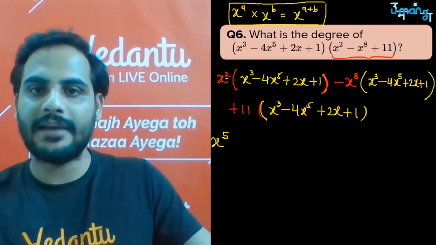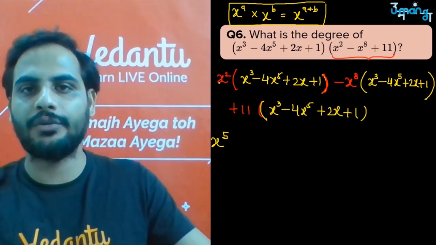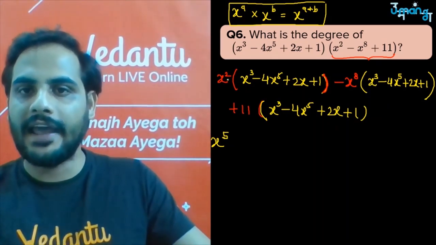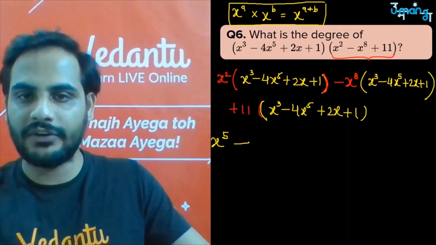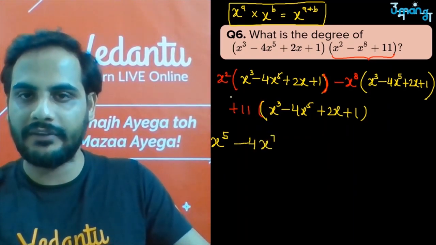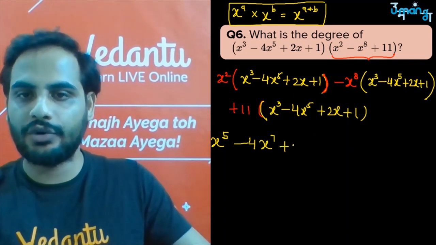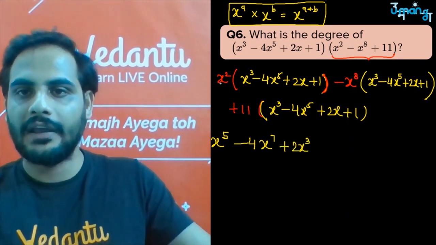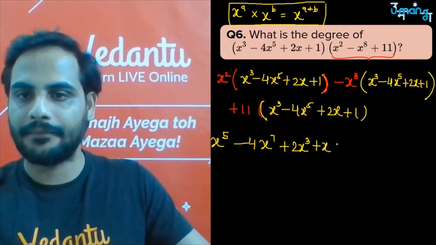So this is the identity I'm using here. X raised to the power 2 into x cube is 2 plus 3, which is 5. X square minus 4x raised to the power 5, so it will become minus 4, and x square into x raised to the power 5 is x raised to the power 7. X square into 2x is 2x cube. X square into 1 is x square.